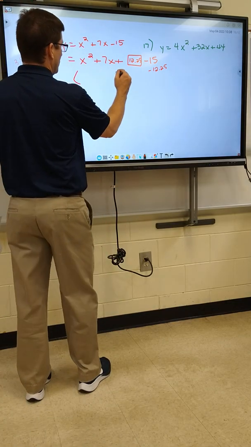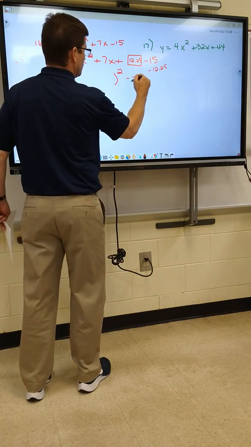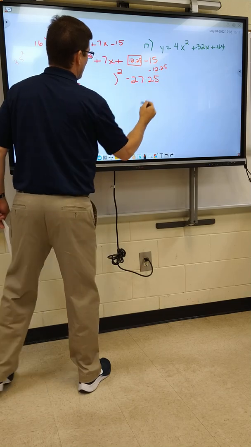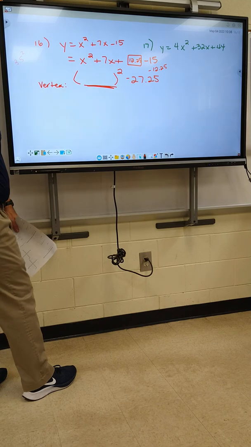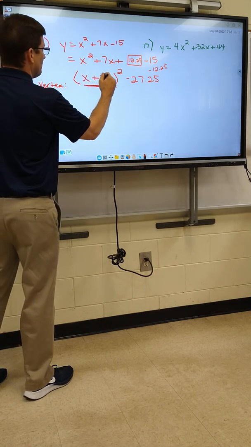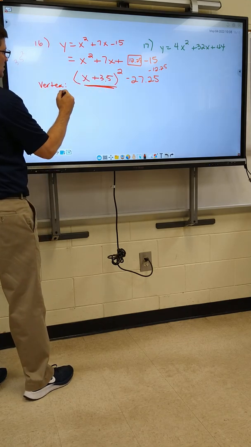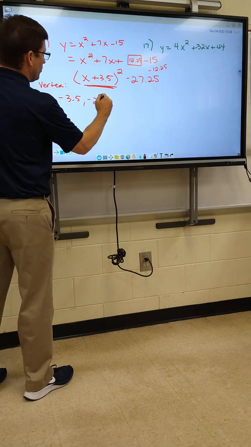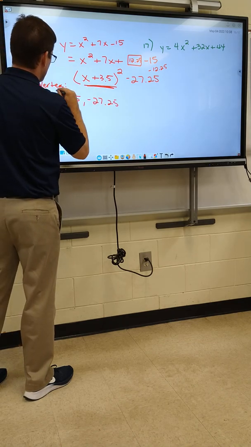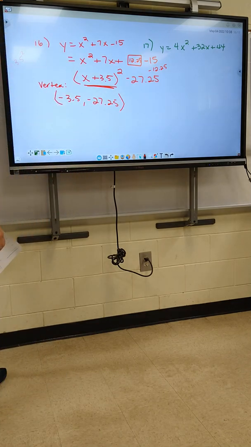All right, now that's negative 27.25. What goes in the parenthesis here, anybody? X plus something. X plus 3.5. So my vertex is negative 3.5 and negative 27.25. So it's a good thing we weren't graphing this one. That negative 27.25 would not have fit on there anyway.